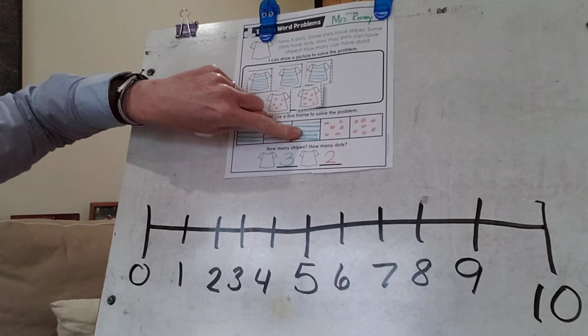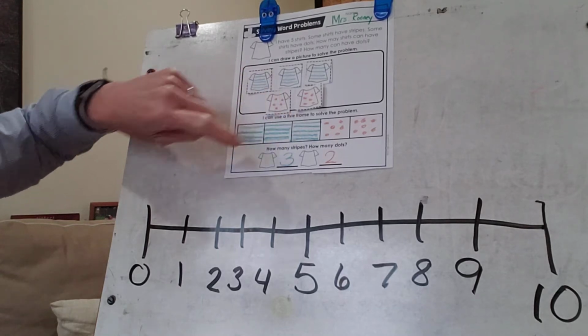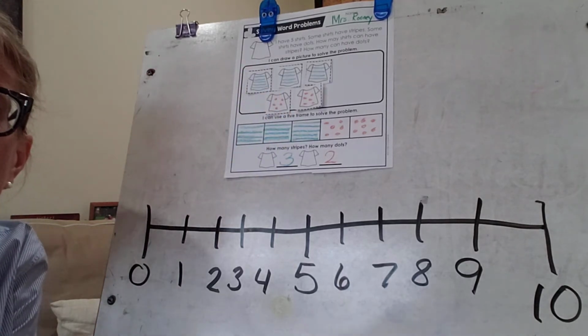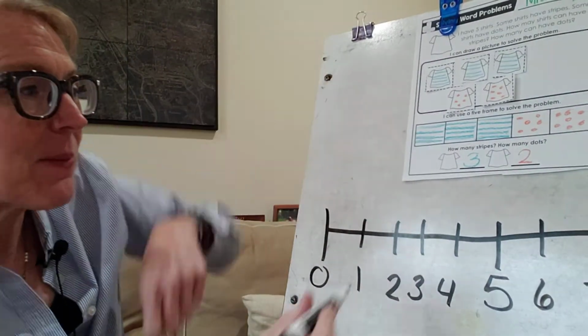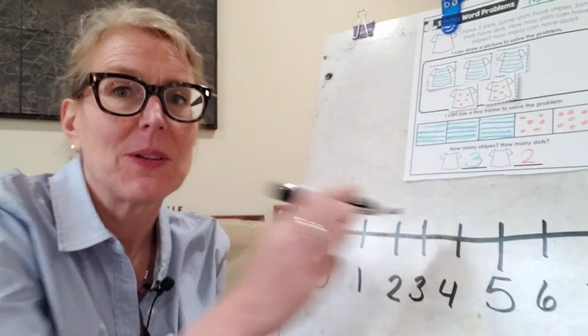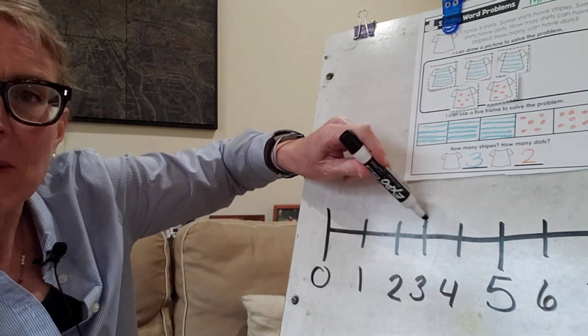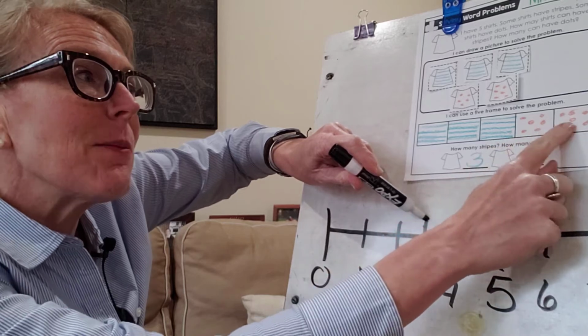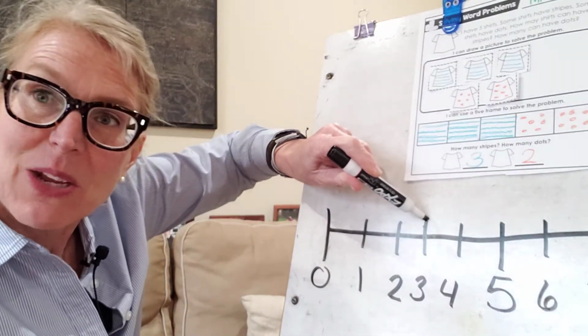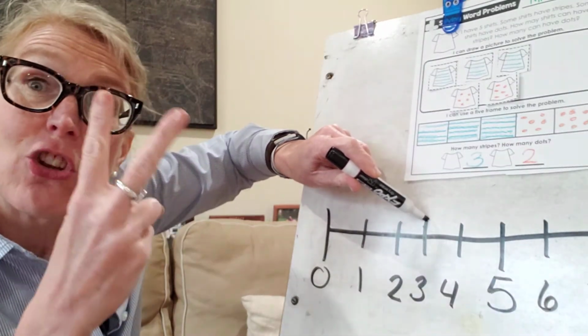How many shirts do I have that are stripes? I have 3. So I'm going to put my marker right here on the 3, because that's how many I have to start with, right? How many shirts get added to my group with dots? 2.